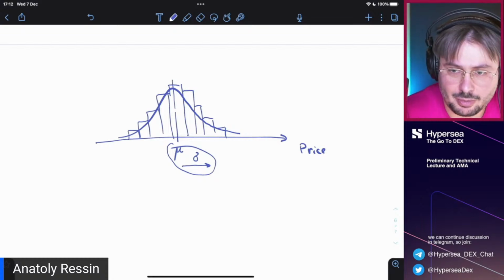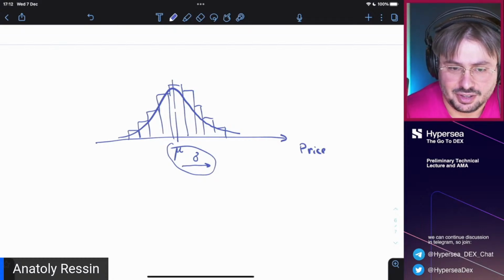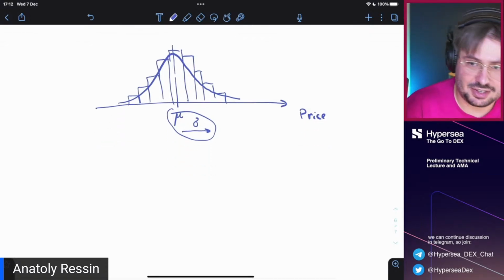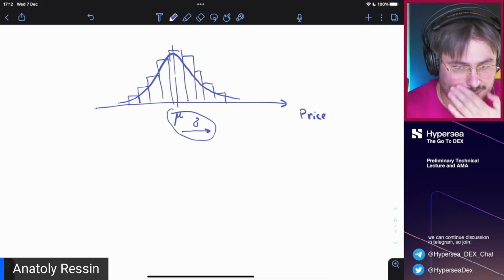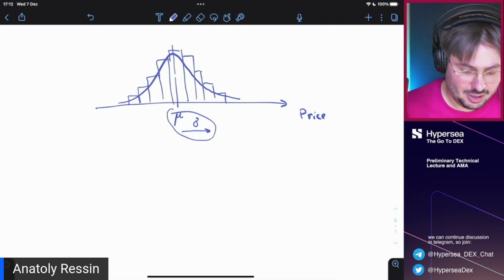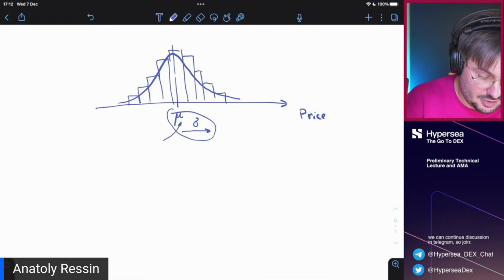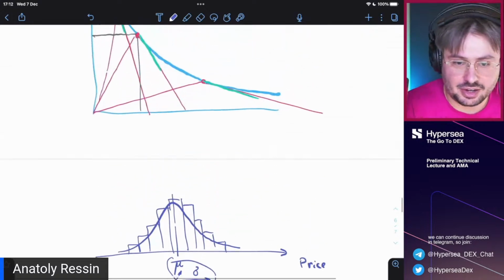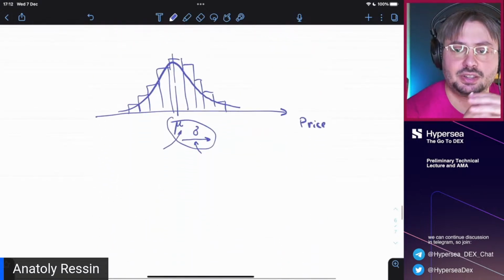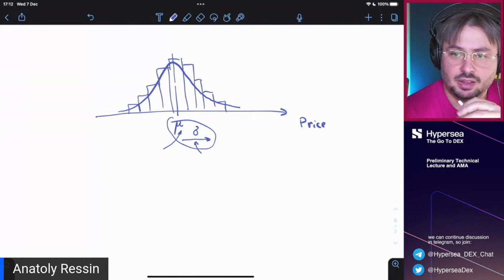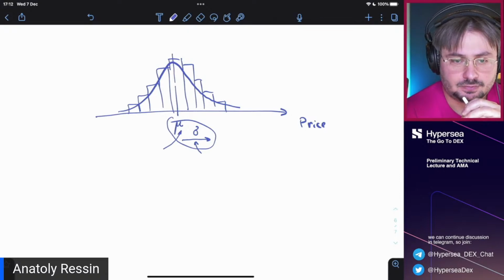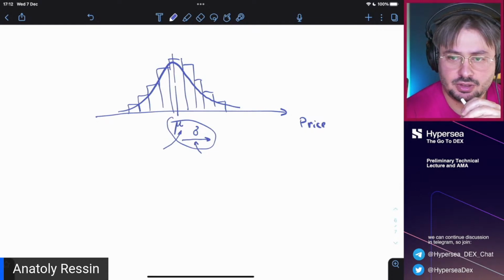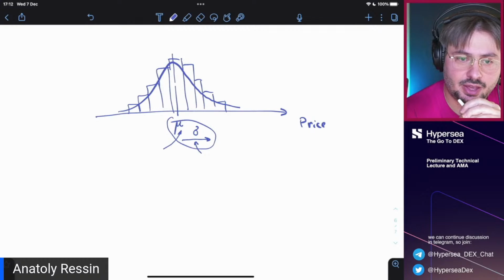But in HyperC, we are just calculating the most efficient curve, just by using information about volatility and current price. And here is one of the differences from Uniswap, because we need this information from the outside.